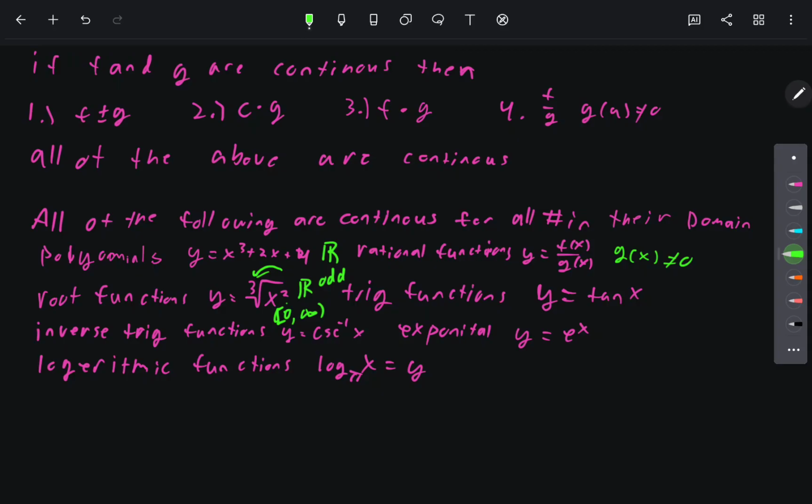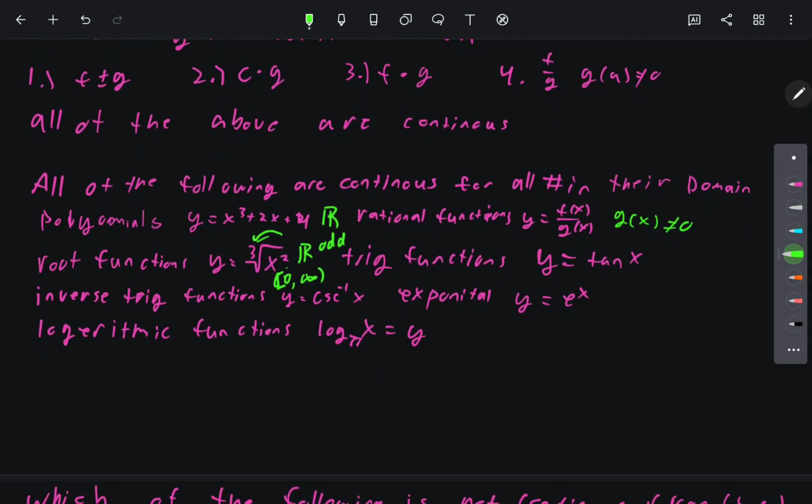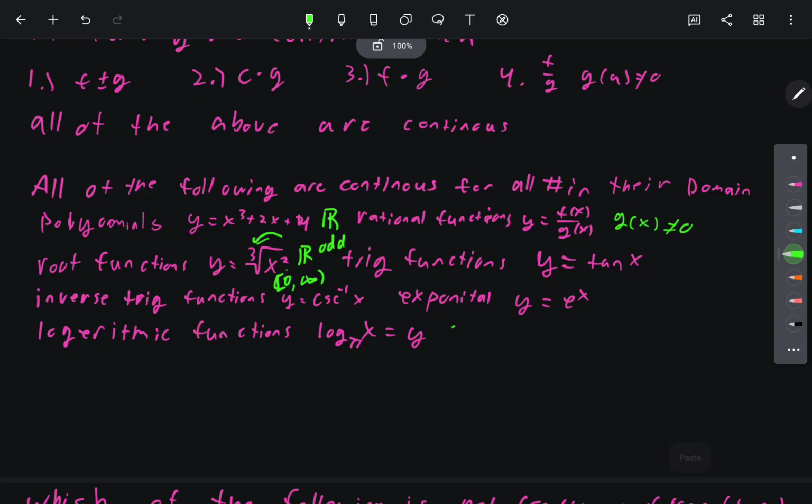So depending on the trig function, it could be from like -1 to 1, or it could be all real numbers in the case of tangent and cotangent. Exponentials are continuous for all numbers in their domain. However, logarithms are only continuous for 0 to infinity, not including 0.